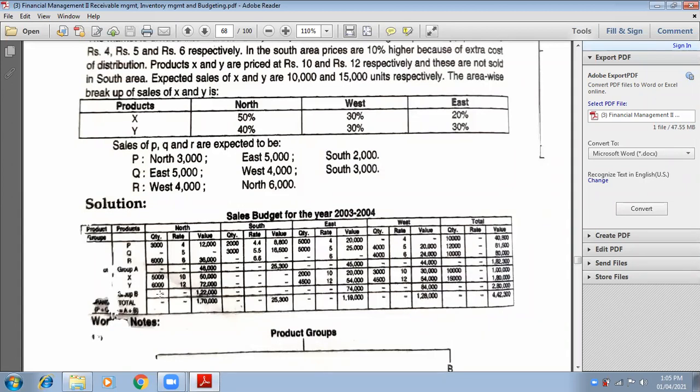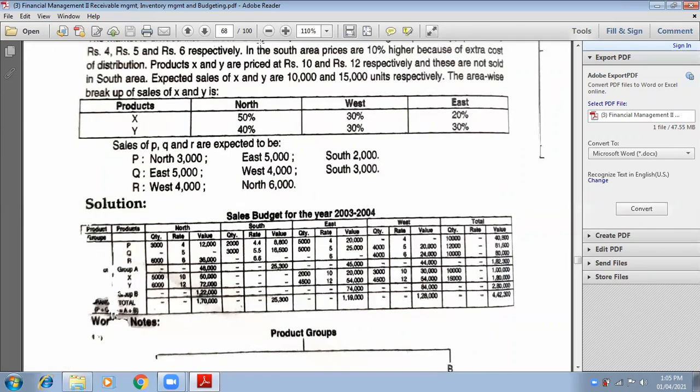What is the total value? Come on. 1 lakh plus 1,80,000. It is 2,80,000.